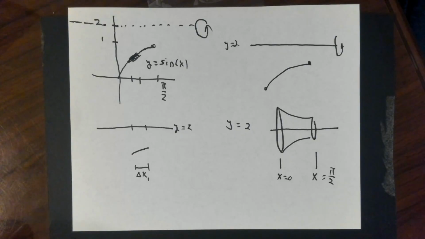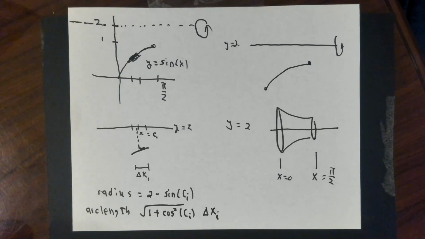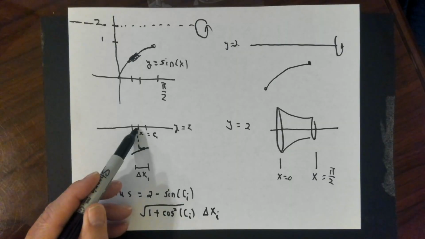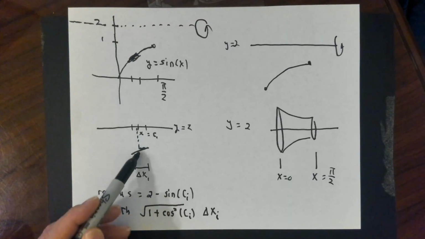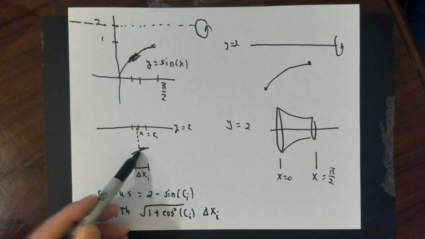I need to know the radius, and I need to construct something that represents the arc length along this one chunk. The radius is going to be 2 minus the y-coordinate on the graph, where x is equal to c_i. The radius will be 2 minus sine of c_i, this y-coordinate, minus that y-coordinate.